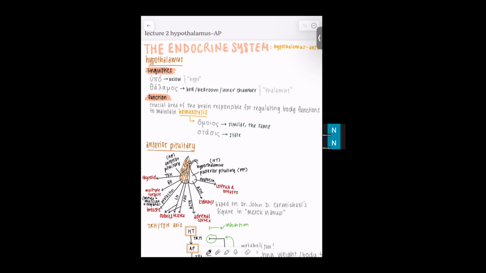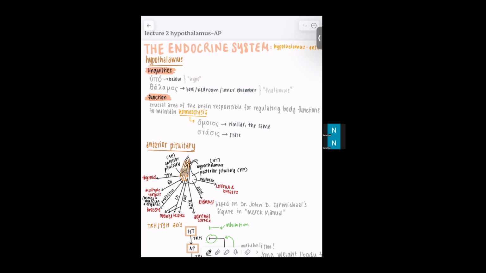So the word hypothalamus is comprised of two words from ancient Greek. The first is hypo, which means below. That corresponds to our English transliteration of hypo. And the second part, thalamus, corresponds to thalamus in English, and it means bed or bedroom or inner chamber.